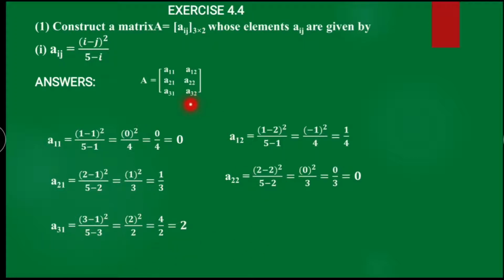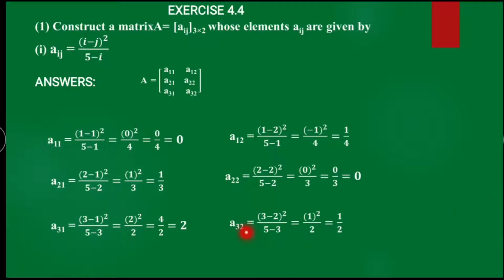Then next we find a32. So we write in this formula the value of i as 3, the value of j as 2. So we get in numerator 3 minus 2 bracket square, and in denominator we get 5 minus 3 which is 2. So 3 minus 2 which is 1, so 1 square is 1. So we get the value of a32 equals 1 by 2.